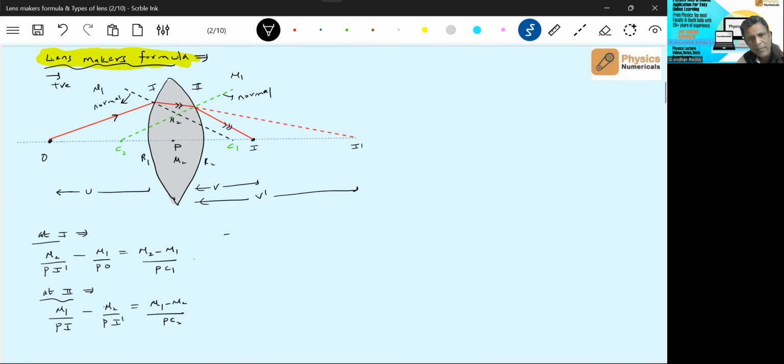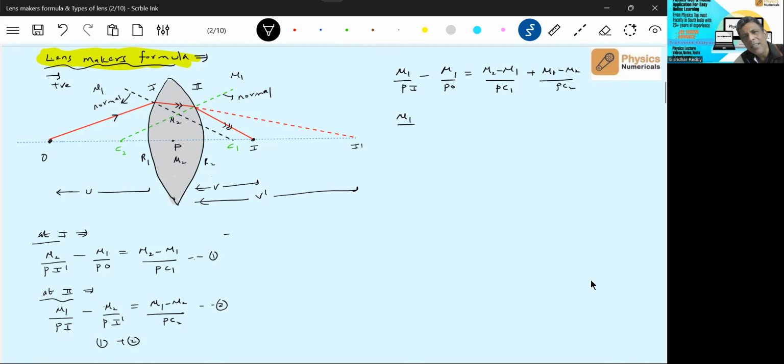We'll add up these two equations. By adding up 1 and 2, we'll get mu1 by PI minus mu1 by PO equal to mu2 minus mu1 into 1 by PC1 minus 1 by PC2.